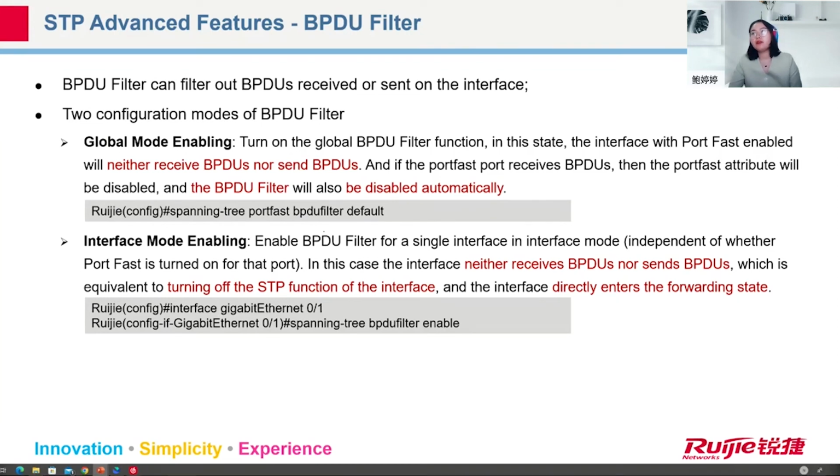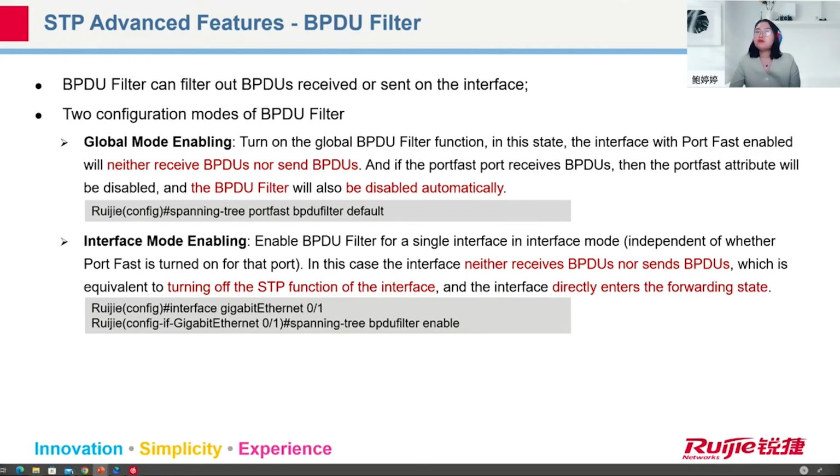And the command is here. If you use the global mode, it only has an influence on portfast ports. And another one is for the interface mode. If you directly enter the interface and use the command spanning-tree bpdufilter enable, then the interface neither receives nor sends out BPDUs, like turning off the STP function of the interface.